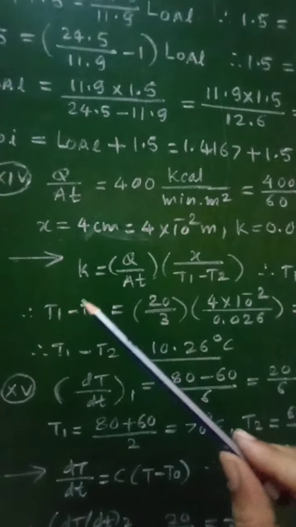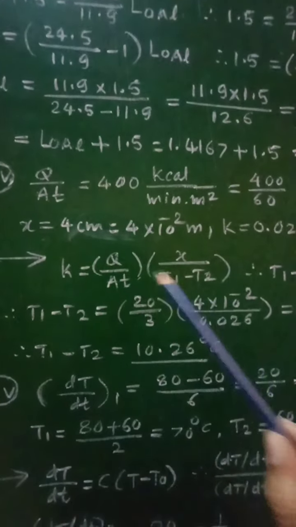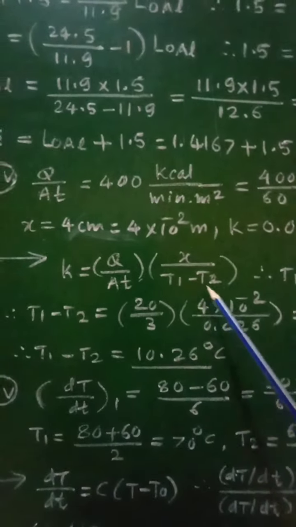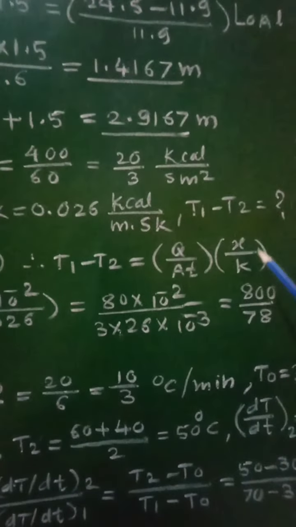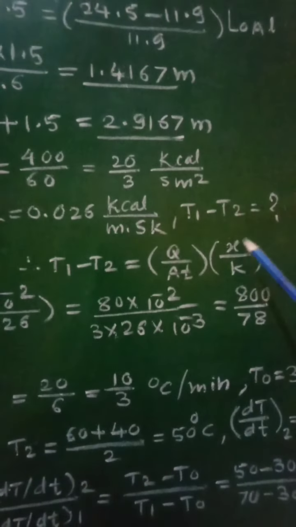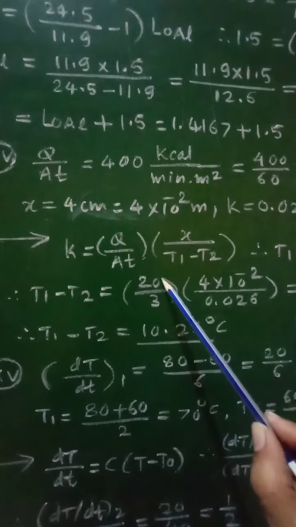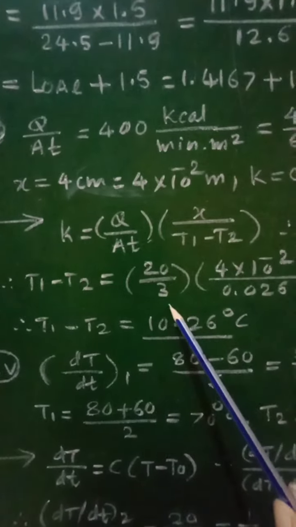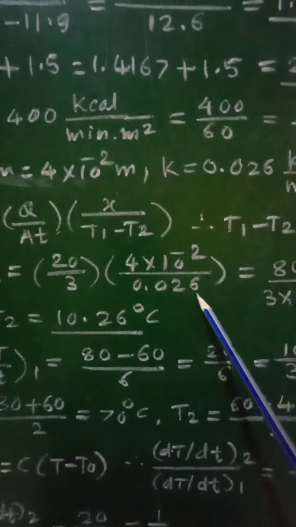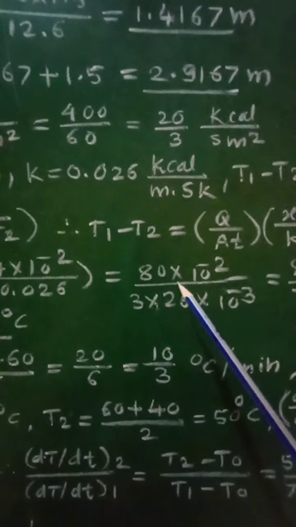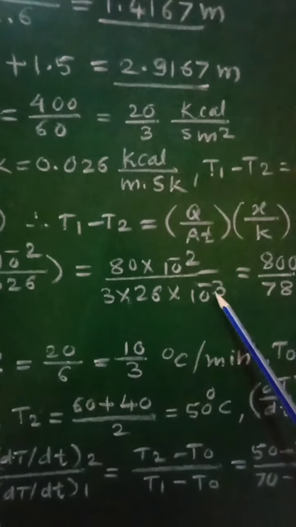The coefficient of thermal conductivity K is equal to Q by At into x upon T1 minus T2. Therefore, T1 minus T2 will be equal to Q by At into x by K. Putting the values, we will get T1 minus T2 equal to 20 by 3 into 4 into 10 raised to minus 2 upon 0.026, which comes out to be 80 into 10 raised to minus 2 divided by 3 into 26 into 10 raised to minus 3.